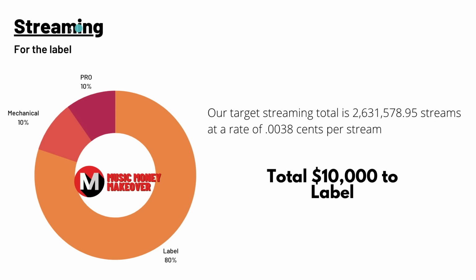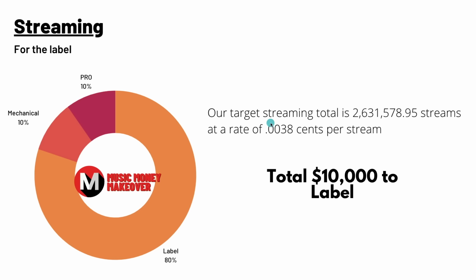Let's go. Now, streaming. This is our most common area. Our target streaming total is 2,631,578.95 streams. That really should be 579, but whatever. I wanted to give you the exact number. And the rate is going to be 0.0038. I use this rate a lot.